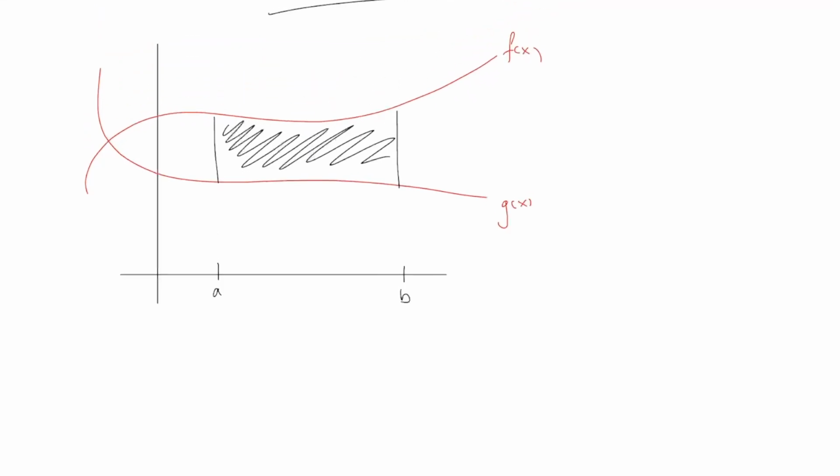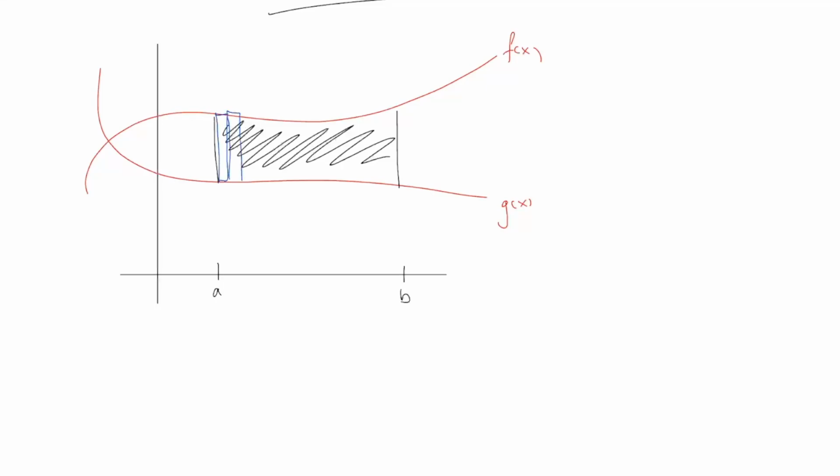Now, the typical setting of the integral is just the area under a curve, from f of x all the way down to the x-axis. But this is the area between two curves, from f of x to g of x. Maybe I'll just refresh our memory. The way that you measure the area using an integral is you imagine that the area was chopped up into tons of little bits, where those bits are typically rectangles.